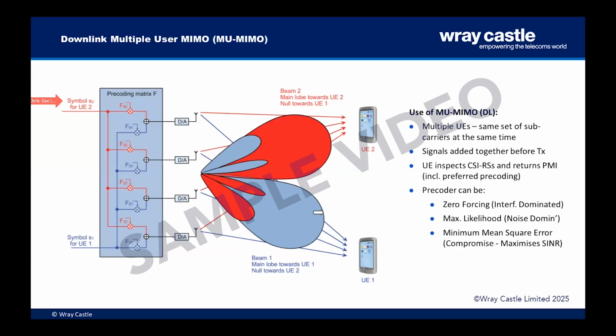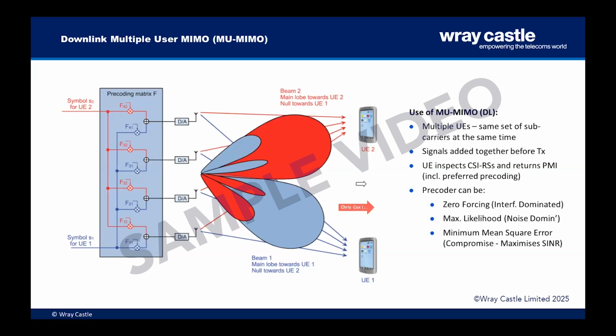We would want to create a blue beam with a main lobe towards mobile 1 and nulls towards mobiles 2, 3, 4, 5, 6, 7, 8, 9, and 10. Meanwhile, we want to create a red beam with a main lobe towards mobile 2 and nulls towards mobiles 1, 3, 5, 6, 7, 8, 9, and 10, and 4 as well. And so on and so on.